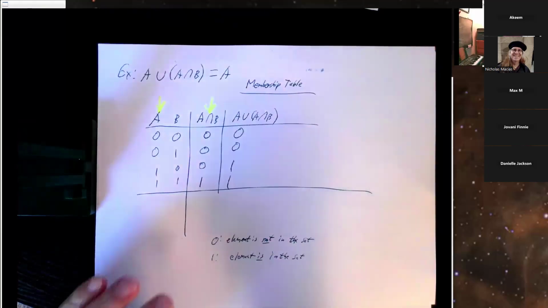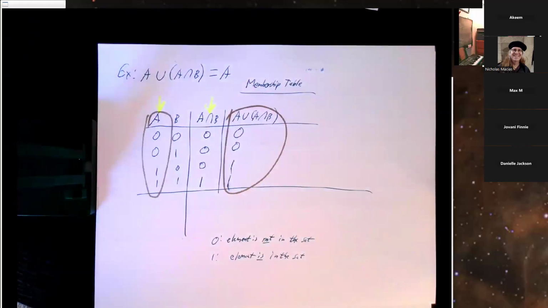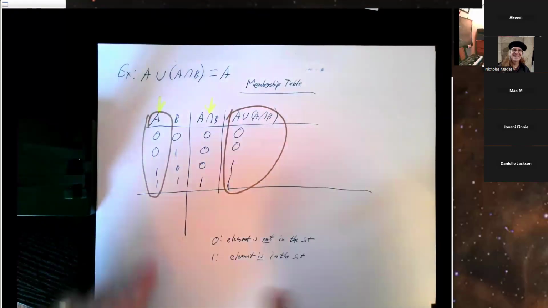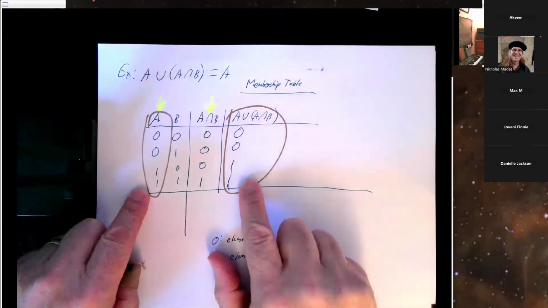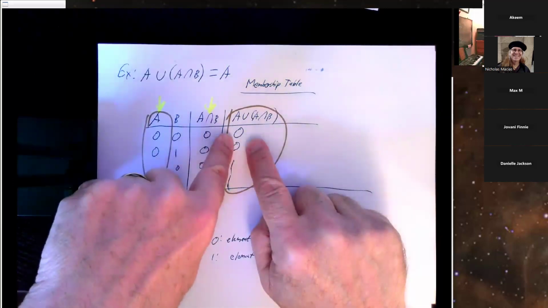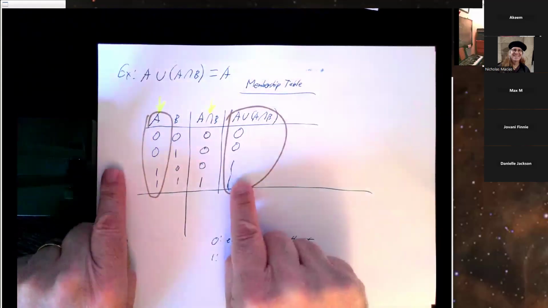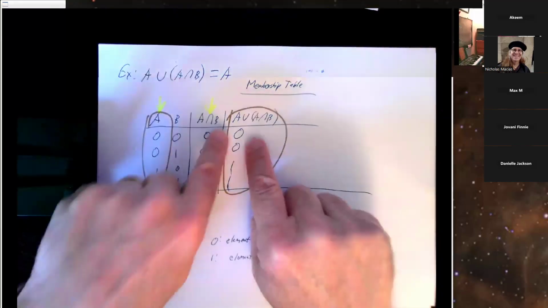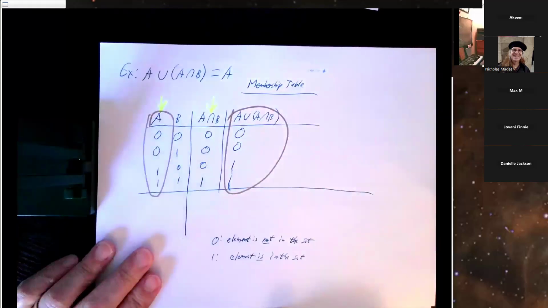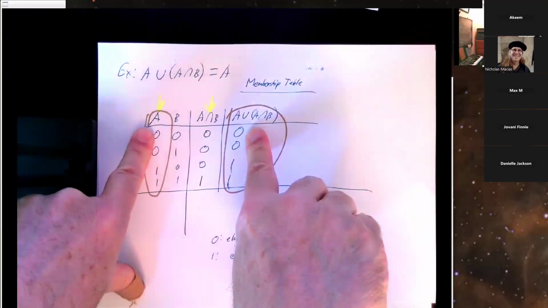So now I can take a look at this and I can take a look at this. And whatever element I started thinking about, if it's in A, it's also in A union A intersect B. And if it's not in A, it's not in A union A intersect B. And if it's in this set over here, which is in these two cases, it's also in A. And if it's not in this set over here, those first two rows, it's not in the set A. So any element I think of either belongs to both of these sets or belongs to neither.